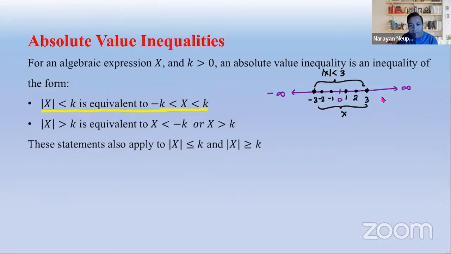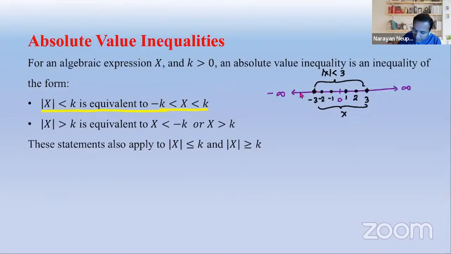Now, if you look at the same number line, for all values greater than 3, like 4, 5, 6, 7, 8, and so on, the absolute value will be more than 3. Similarly, on this side, if the values are like -4, -5, -6, and so on, the absolute value will be greater than 3.